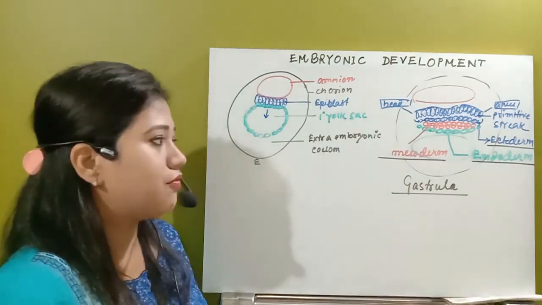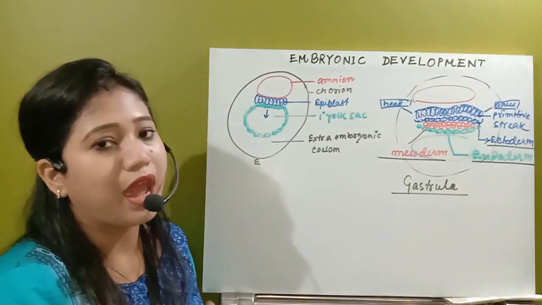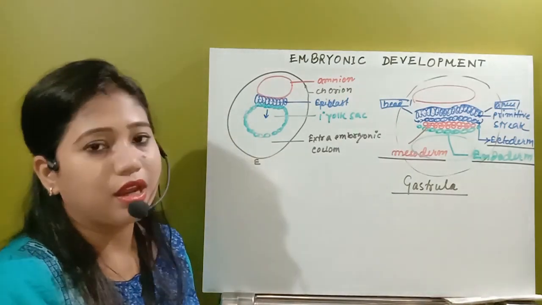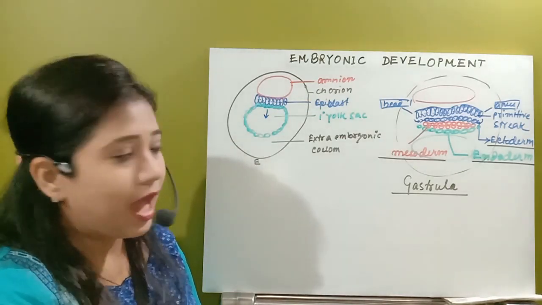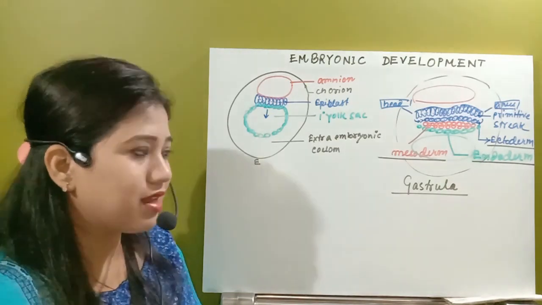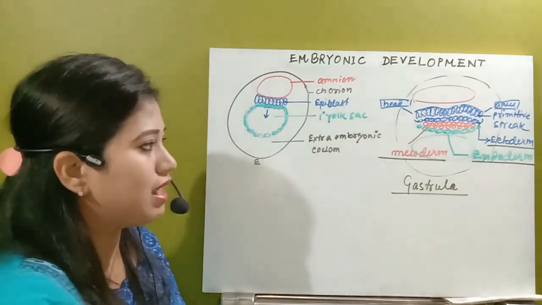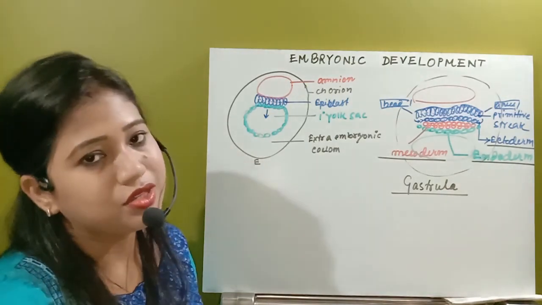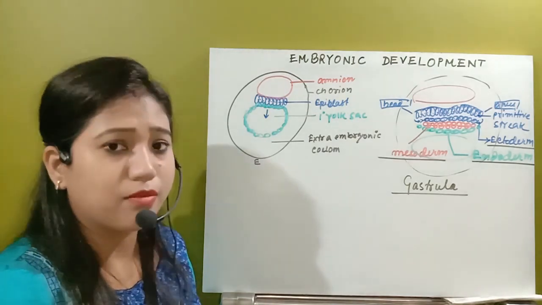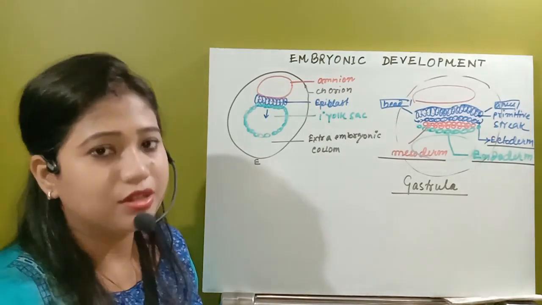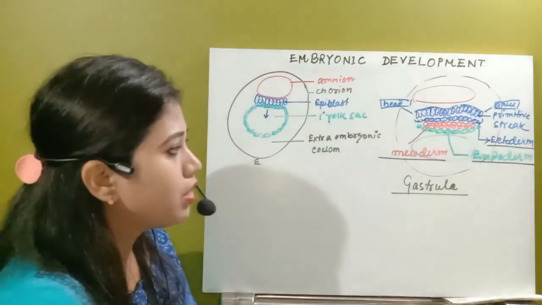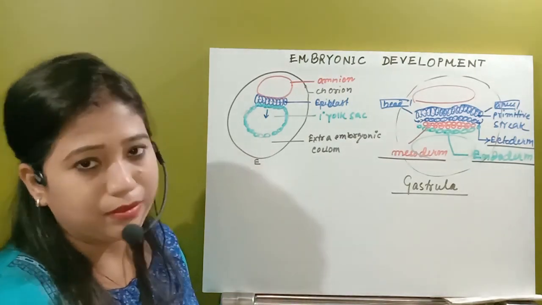After that, the ectoderm, endoderm and mesoderm will form their respective tissues and organs. From the mesoderm, the muscles, blood vessels, blood and connective tissue will be formed. The endoderm will form the alimentary canal.